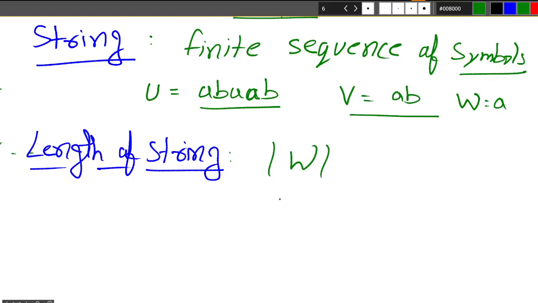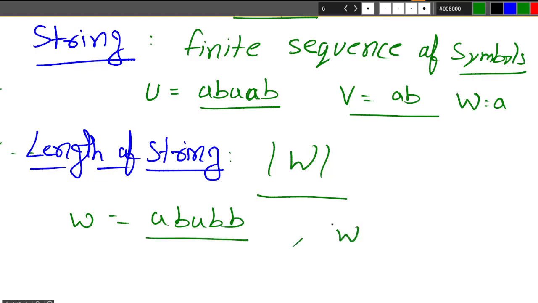So if W is something like A, B, B, then mod of W, the length of W, is the number of symbols in this thing. So what is the length of W? 5. Yeah, definitely 5.